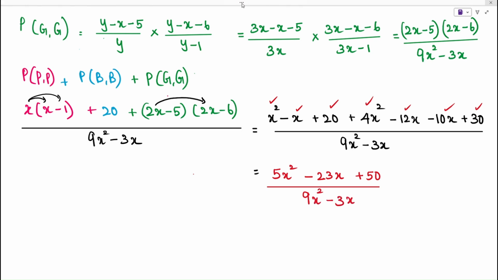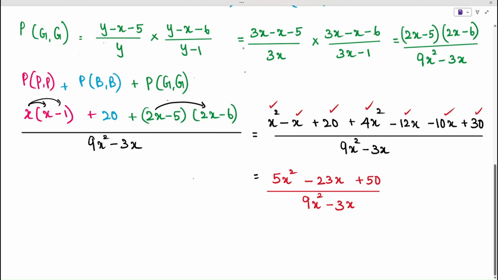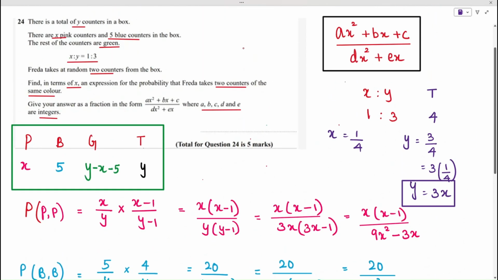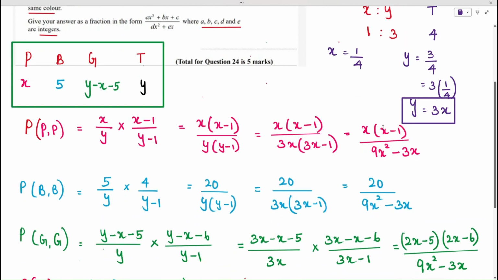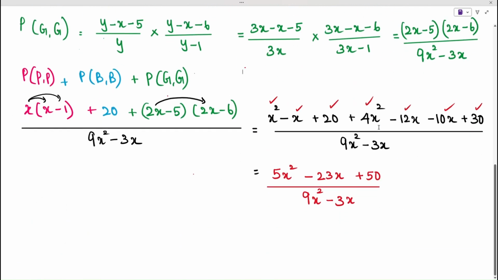Now if we look at our question again, we can see that our answer is in the form of ax squared plus bx plus c all over dx squared plus ex. Now if we go down, we can see that for our coefficients, a is 5, b is minus 23, c is 50, d is 9, and e is minus 3.